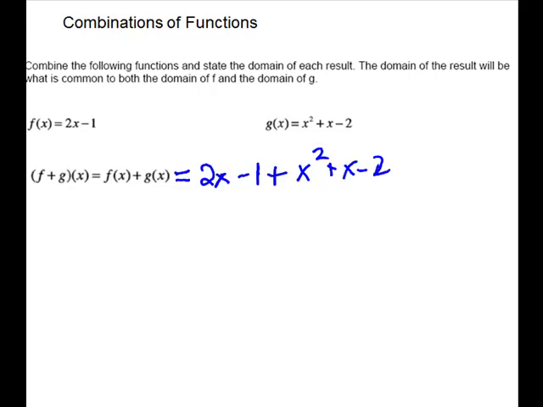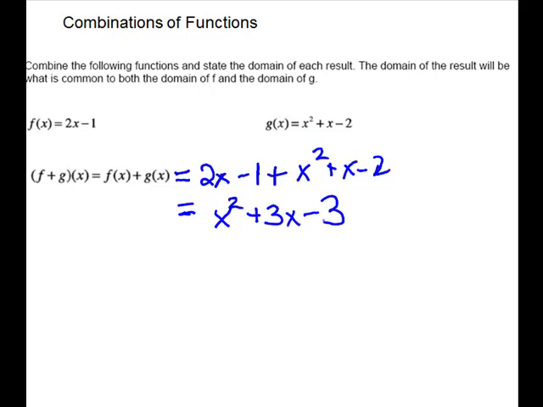And it's just going to be a matter of combining like terms. So we'll go with descending order. We have x squared. We have 2x plus x is 3x. And minus 3. So that will be our answer.